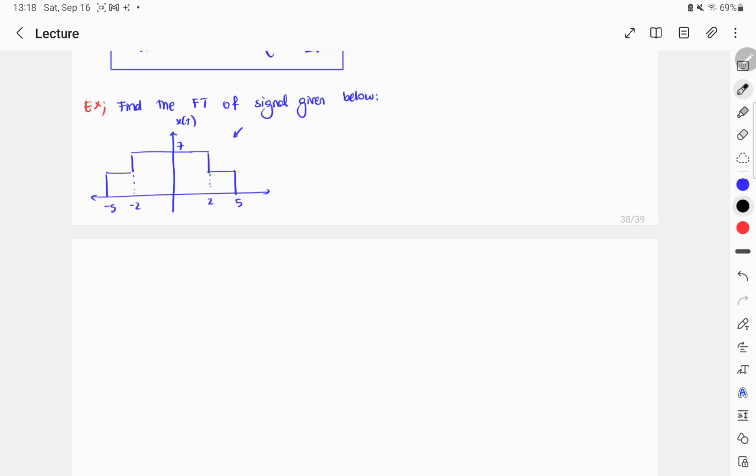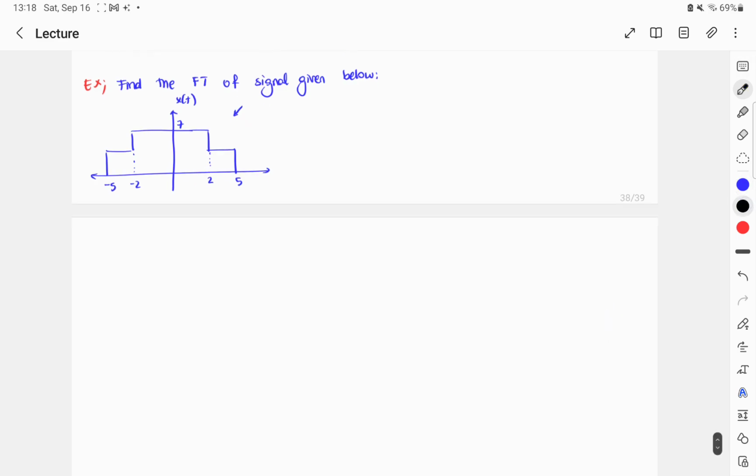What do we do here? We need to split this graph, because we cannot simply, as we did in the previous example, draw the impulses and so on. It does not work like this, because this graph is actually an addition of two other graphs.